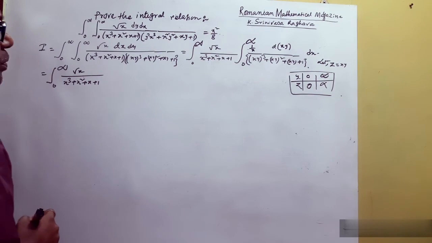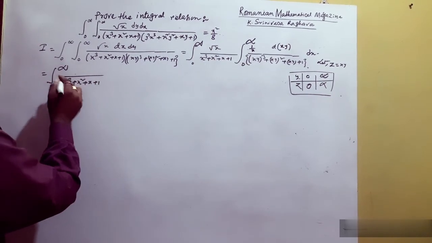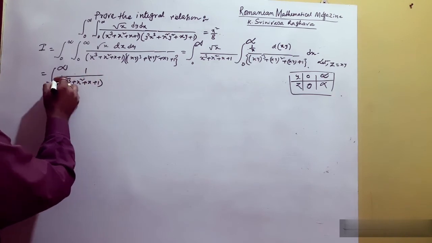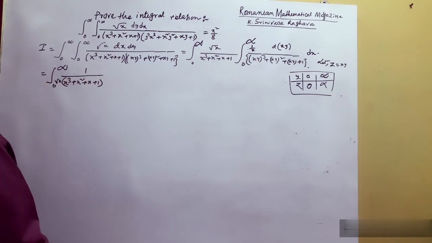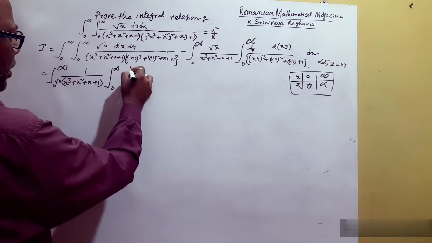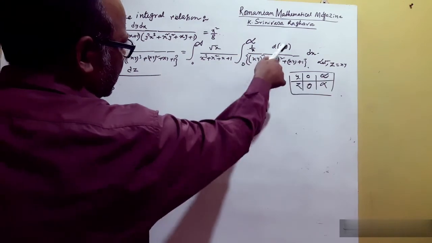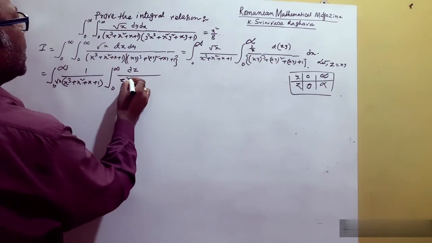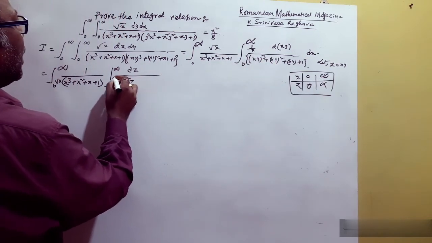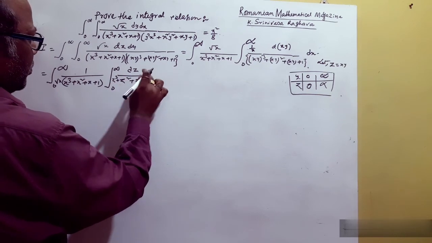So these simplify, then it would be 1 by root x here, and again 0 to infinity dz, and this is z square, z cube, z square, z plus 1.